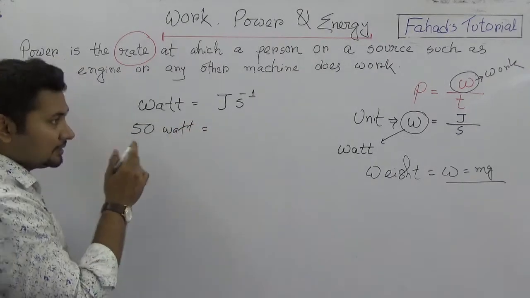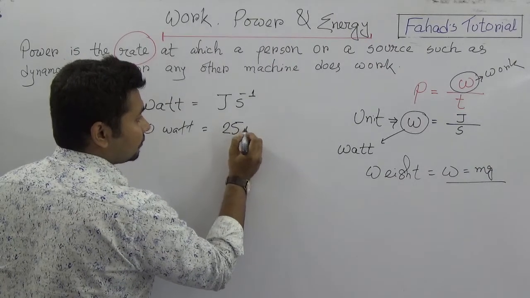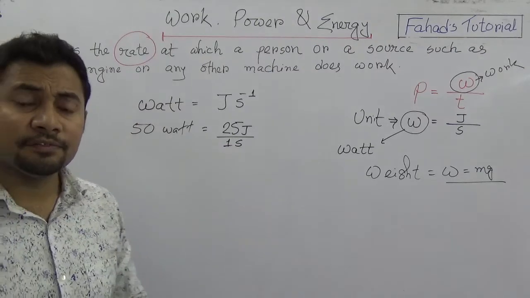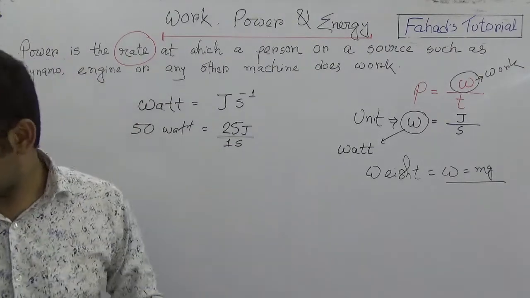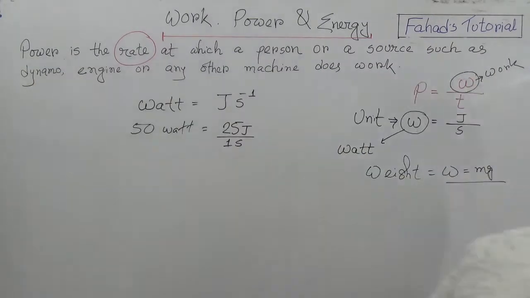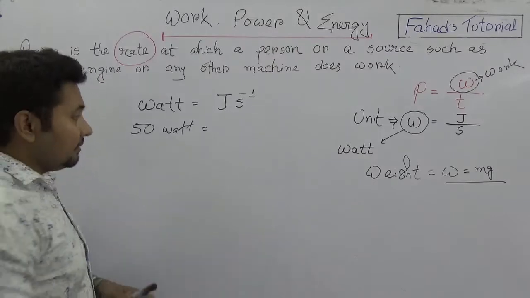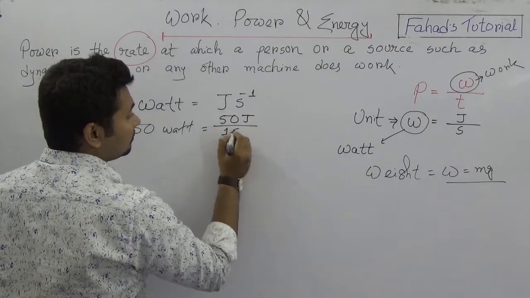Power, it means that it can be 25 joule per second. Sorry, I just wrote it in the wrong way. It would be definitely 50 joule per second, because in my mind it was 50. So we can say 50 joule per 1 second.